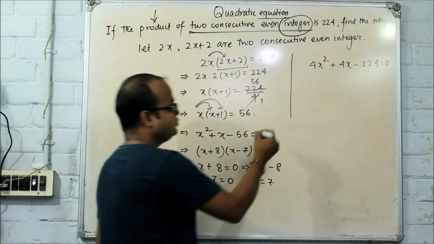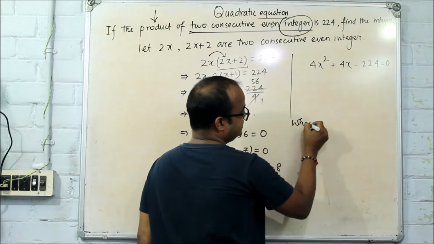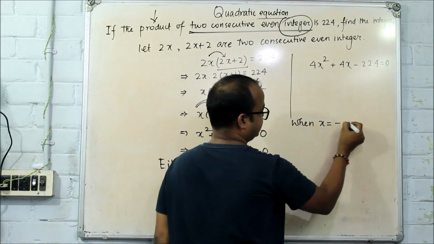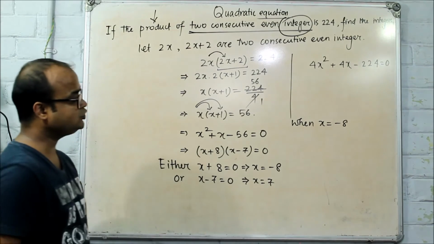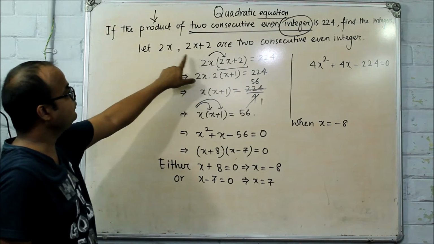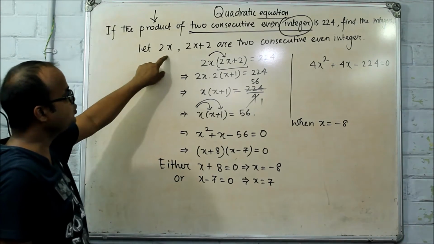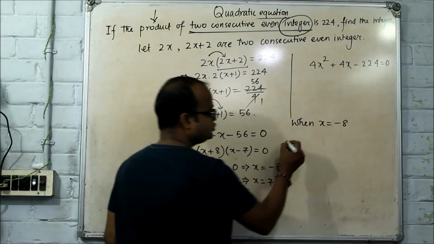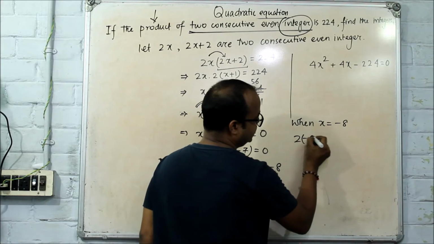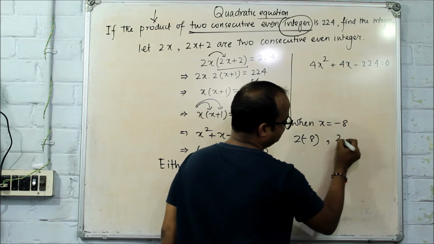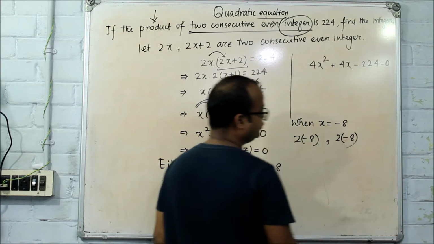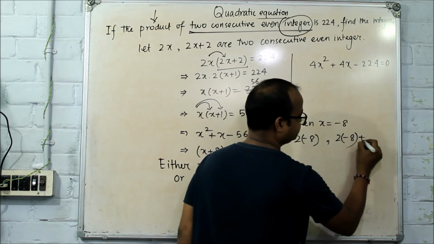So we write, when x is equal to minus 8, we consider the two consecutive even integers as 2x, 2x plus 2. So 2 into minus 8, comma, 2 into minus 8 plus 2.